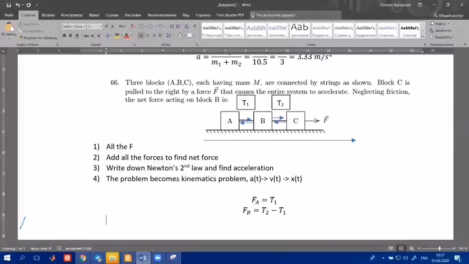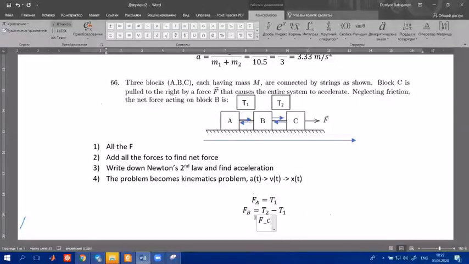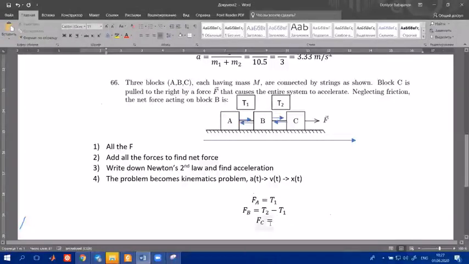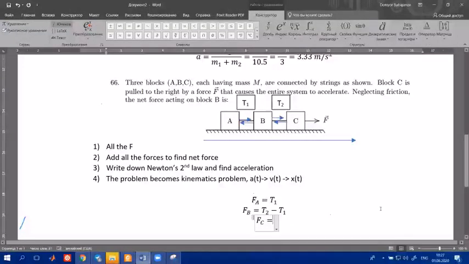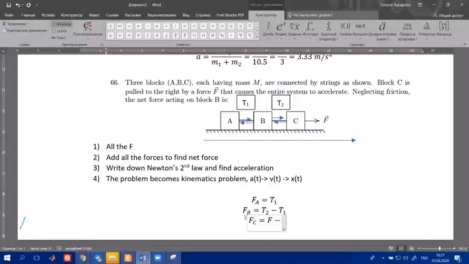And the net force acting on the body C: we have two forces, F and T2. F is positive and T2 is negative because it's opposite.